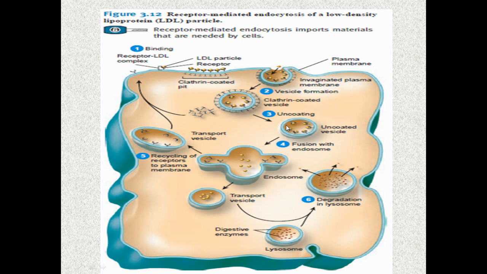Here the ligand and the receptor are fused, and here the receptor goes separately and the ligand goes separately. The receptors will be recycled again. They will be taken again by the endosome and carried to the plasma membrane, where they will attach themselves on the outside of the plasma membrane to receive more ligands. These ligands will be entrapped in a vesicle, called a transport vesicle.